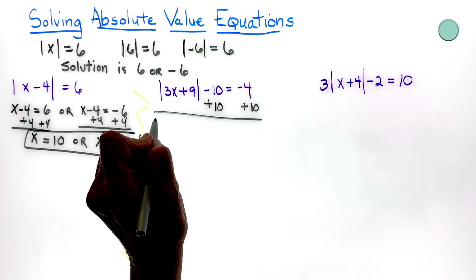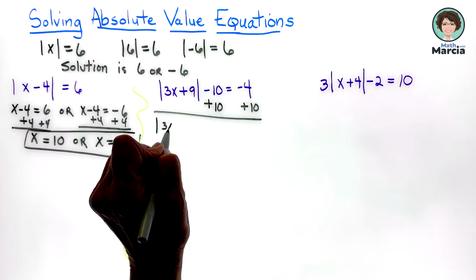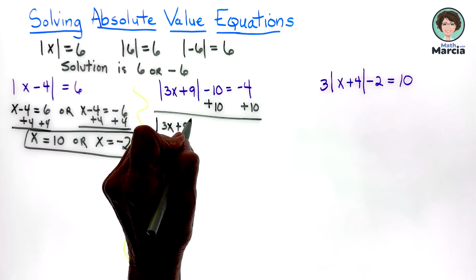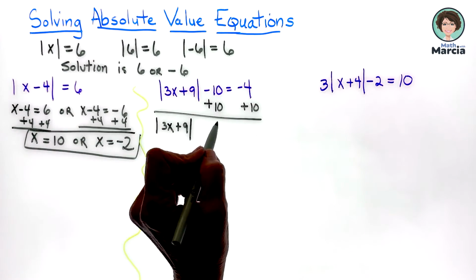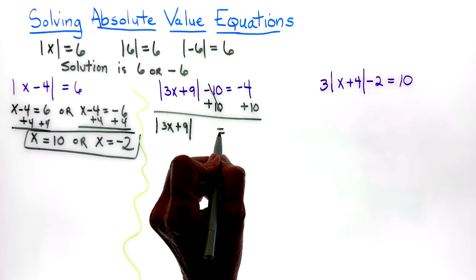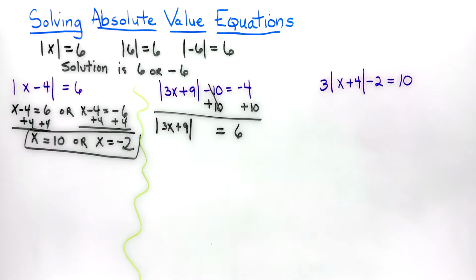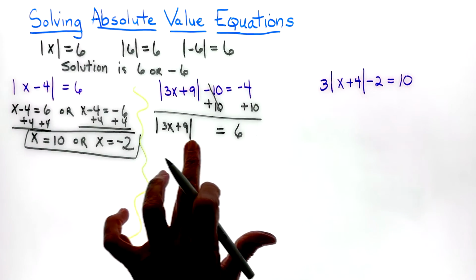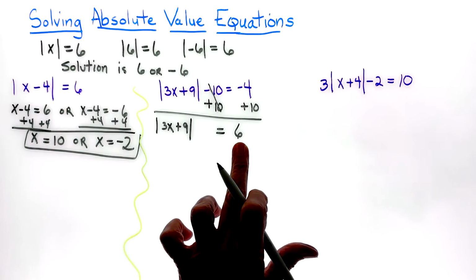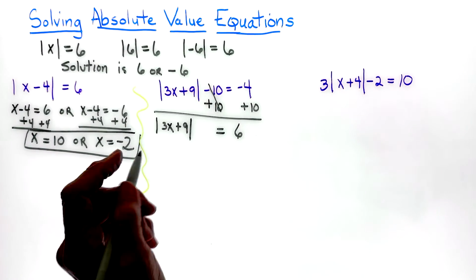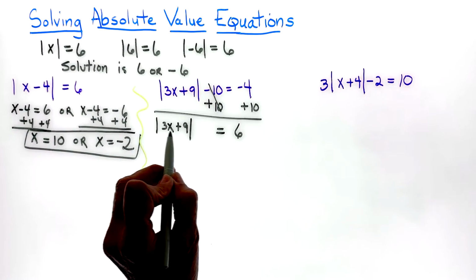I still have the absolute value of 3x plus 9, still in the absolute value symbol. This is gone, and it is equal to a negative 4 plus 10, which is 6. So now I can go ahead and take it out of the absolute value symbol, because there's only numbers left inside.